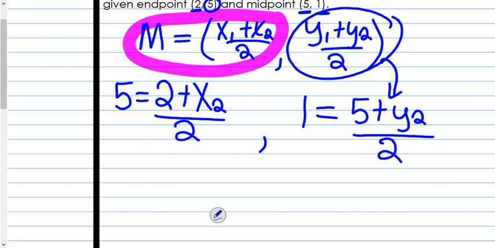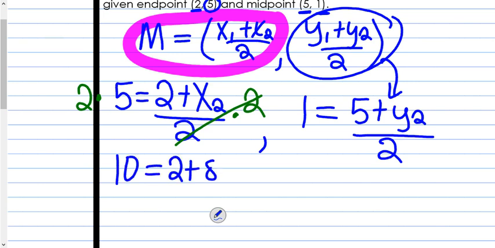Okay? So you can see that I copied this down right here, plugging in what I know. So now I'm going to simply solve. The goal is to get x2 by itself. I can do that by multiplying both sides by 2. I multiply both sides by 2, that cancels out, and I have 10 equals 2 plus x2. Again, when I get x2 by itself, I'm going to subtract 2 from both sides.